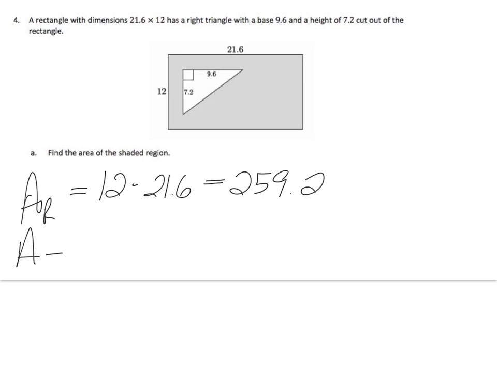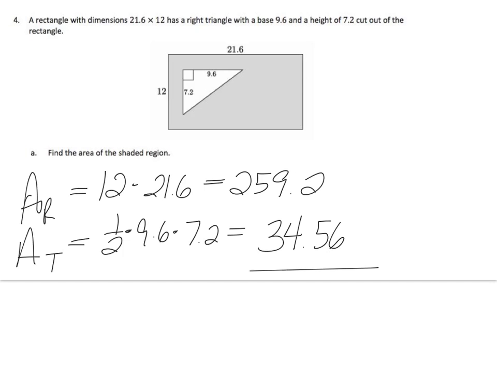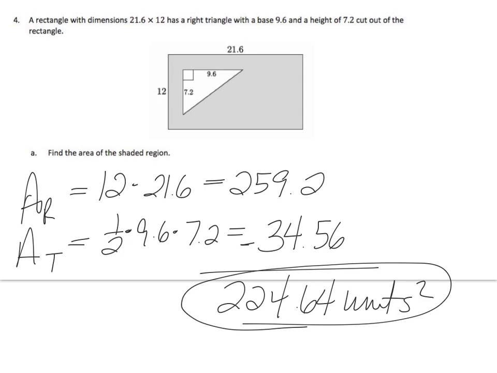And then the area of the triangle, 1/2 base times height, 9.6 times 7.2 times 1/2, 34.56. So I'm going to subtract those. And I get 224.64 units squared. Makes sense?